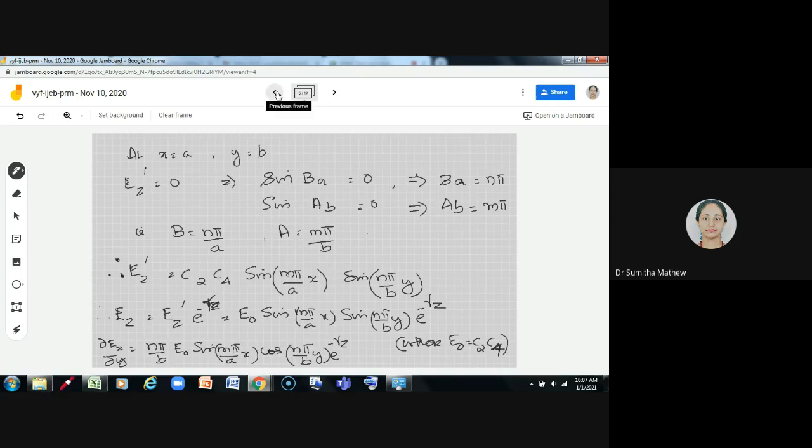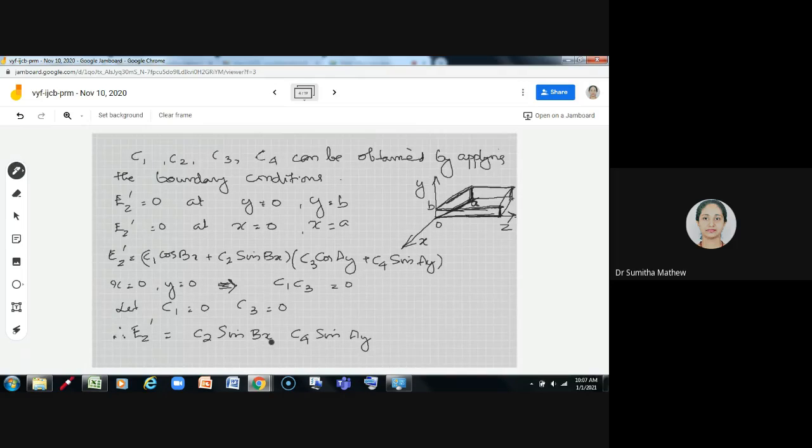That means you give x equal to a here. That means C2 sin BA, C4 sin AB. Okay, x is equal to a, y equal to b. That is given in this expression for Ez dash, the last expression that we obtained. So that should be equal to 0.